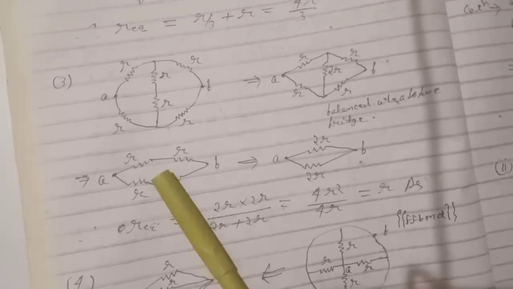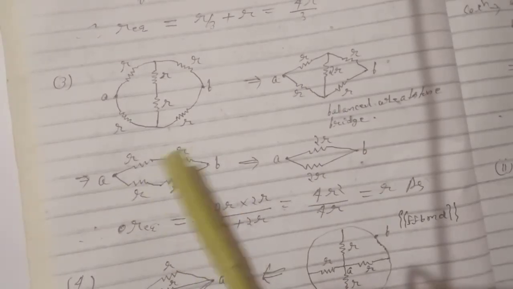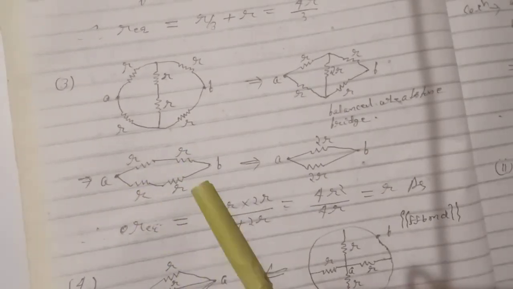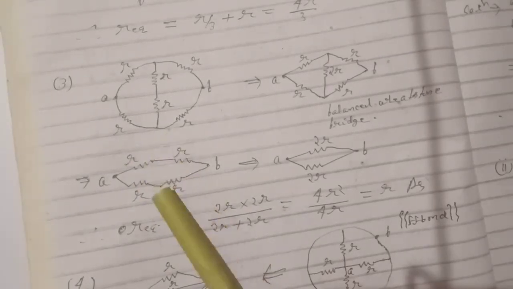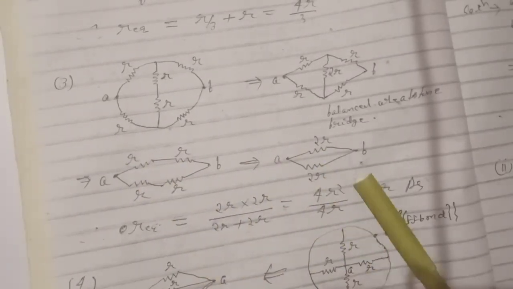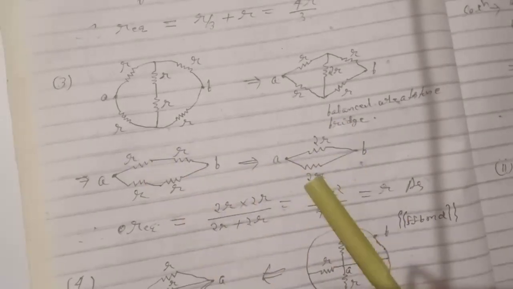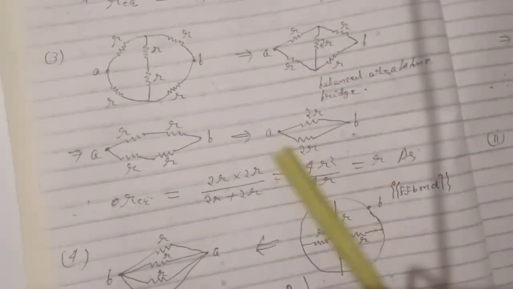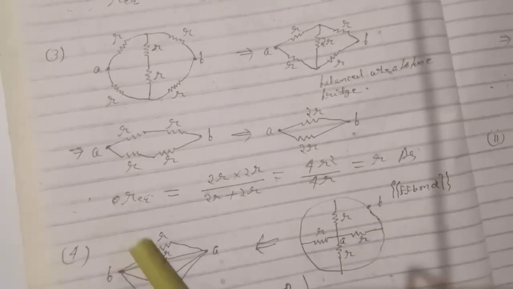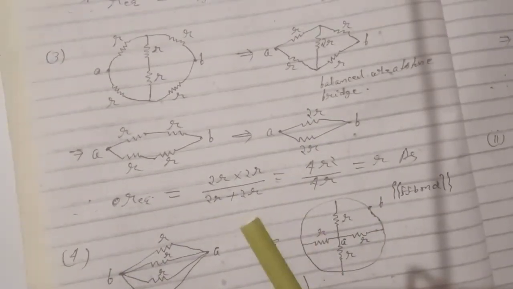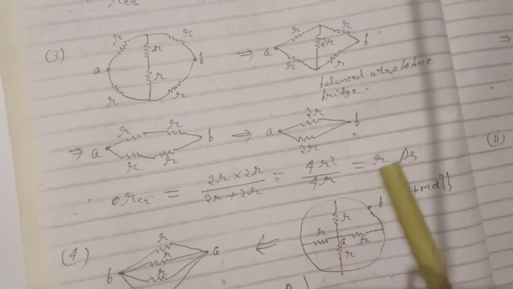So we have removed it, and now this is in series, and again this is in series, so the equivalents will be in parallel, which is shown here. Now, the equivalent of these 2R and 2R, finally between A and B these two are in parallel, so R equivalent will be 2R into 2R by 2R plus 2R, 4R square by 4R, equals R. Answer.